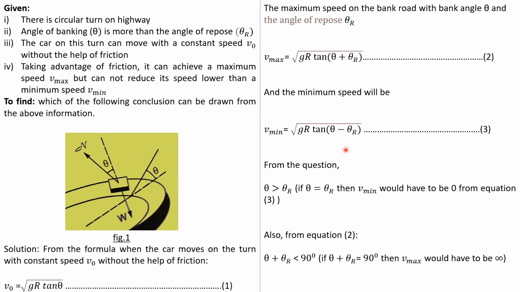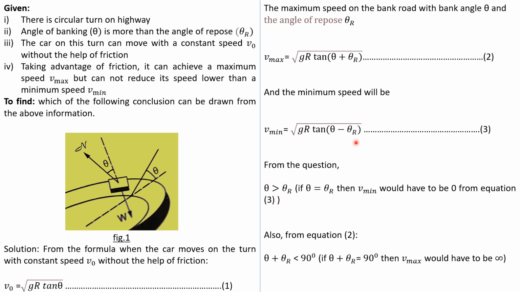Now, if theta is not greater than theta r, what will happen? Tan would be negative, so Vmin will be imaginary, because tan(theta minus theta r) is inside the square root. But in the question it is given theta is greater than theta r, so that is fine.